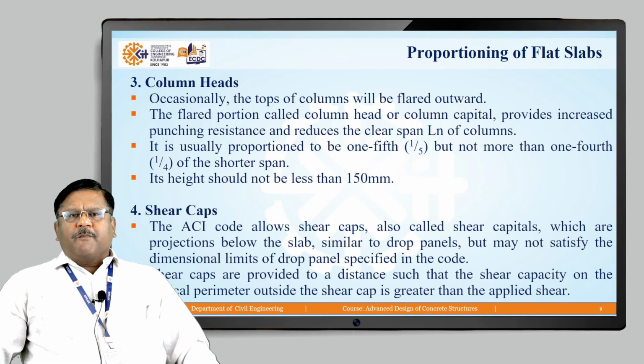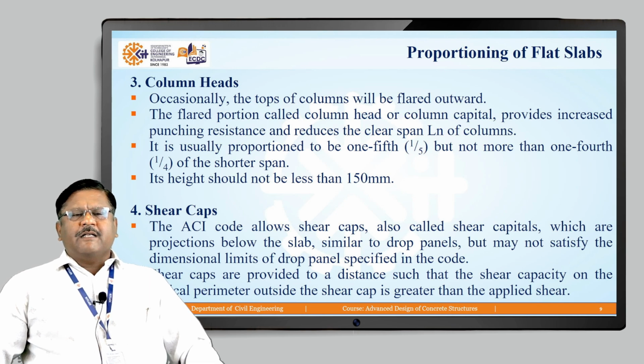It is usually proportioned to 1/5 but not more than 1/4 of the shorter span. Its height should not be less than 150 mm. Means whatever the flared portion on the top of the column, the depth of that flared portion should not be less than 150 mm.